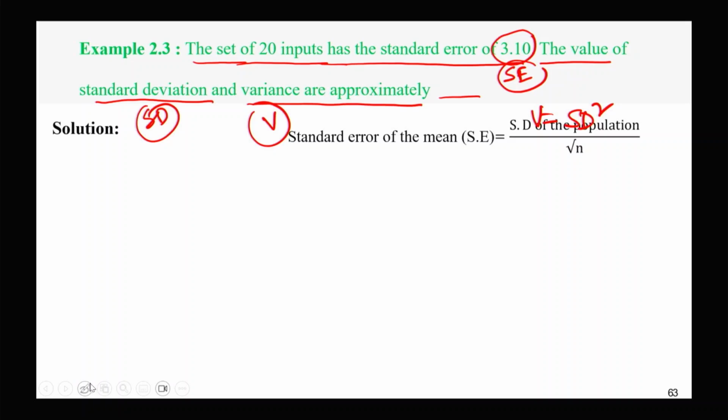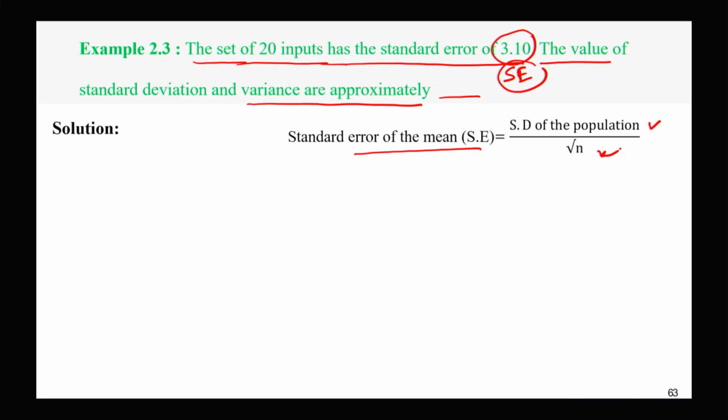So from the earlier discussion, we know that standard error of mean is standard deviation of population divided by under root n.